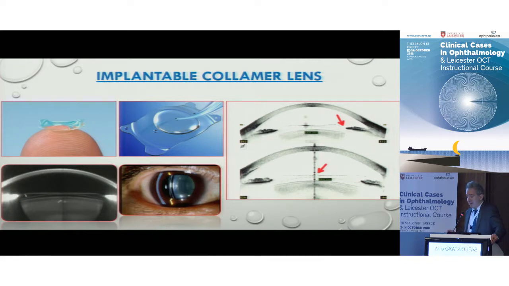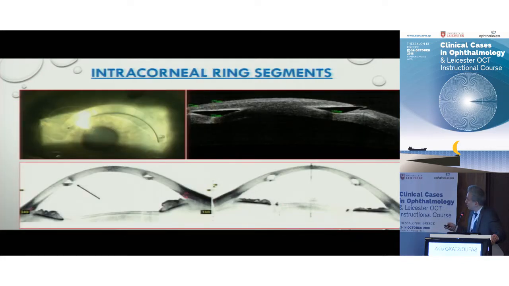But if we have issues intraoperatively or after the surgery, then we need to visualize the ICL and measure the vault so that we can actually document the positioning of the ICL. Now, this is a keratoconus patient where we implanted a toric Artisan lens. Intracorneal ring segment implantation was done in the first place, and then the toric Artisan lens in the anterior chamber.